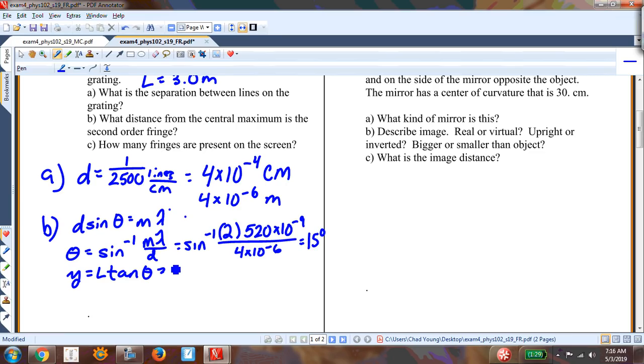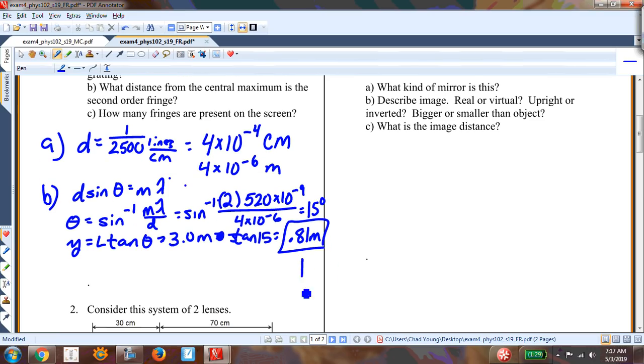So that's going to be 3 meters times tan of 15. 3 times tan of 15, I get 0.81. So that is the separation. So if I were to draw this, the distance is going to be 0.81 meters.